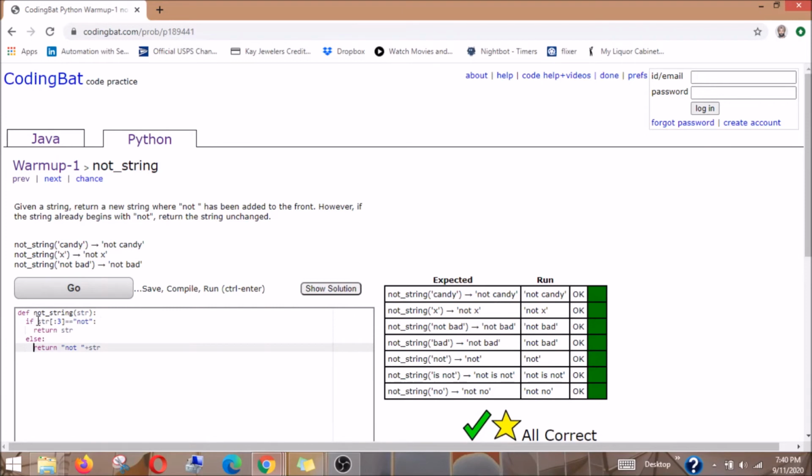So here I used substring of the first, so we need the first 3 characters of that to verify whether there's a not in the front or not. If there is not in the beginning, then we don't have to concatenate not in front of it. But if you don't have it, then you have to concatenate that thing. Okay, let's go to next question.